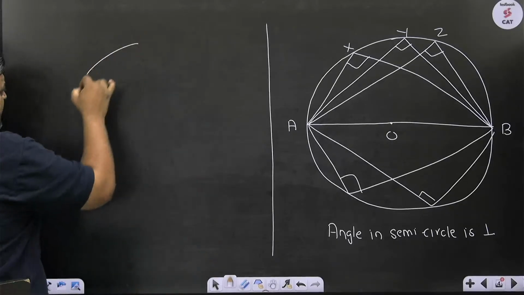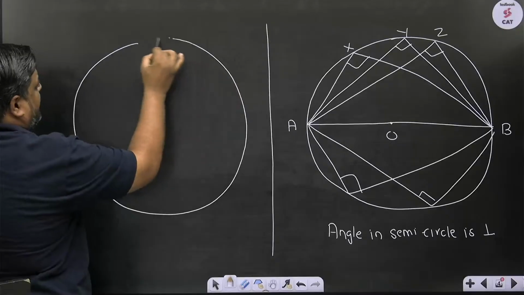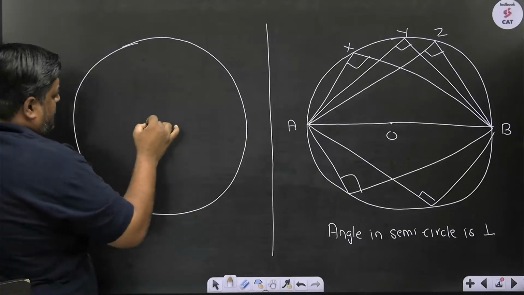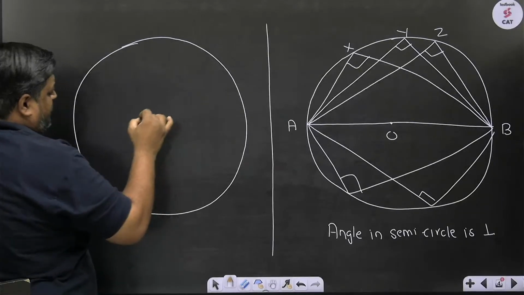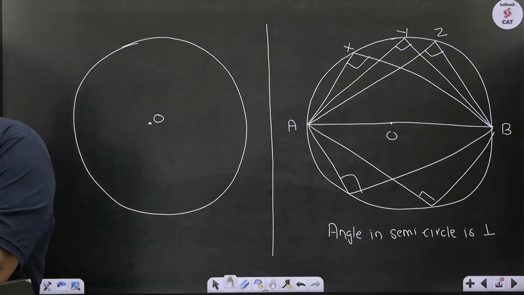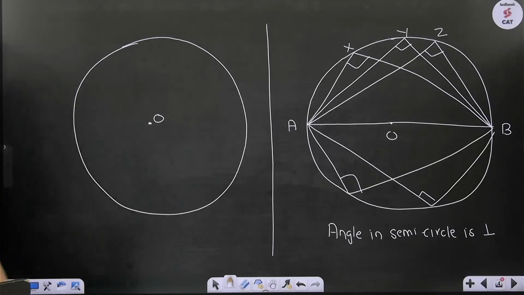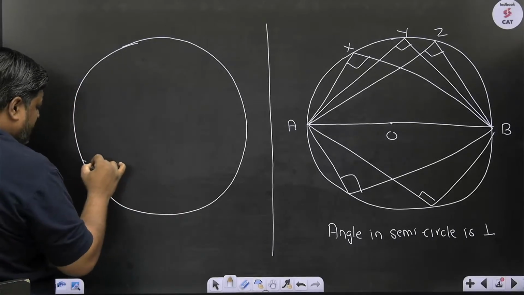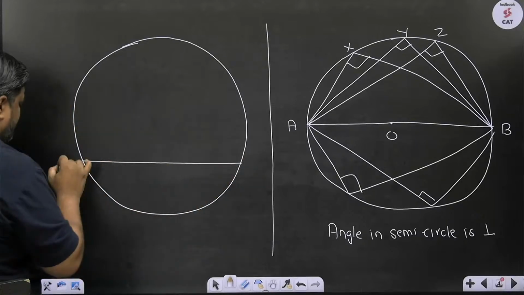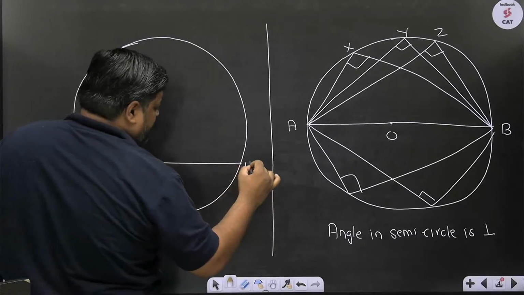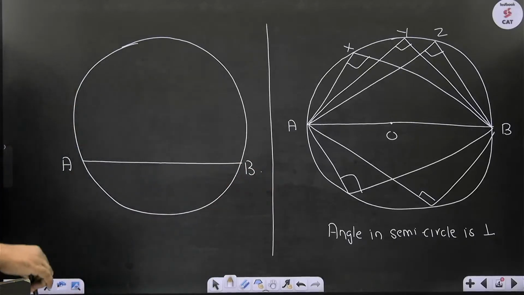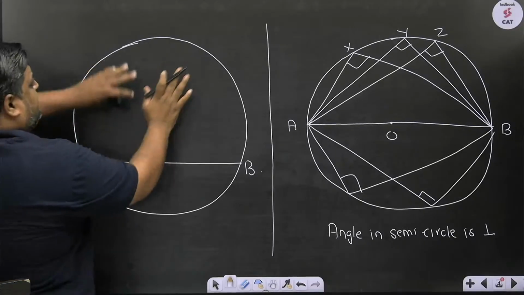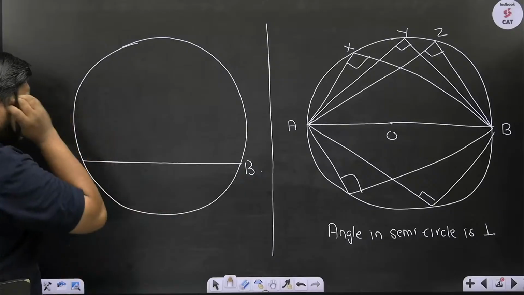एक और सर्कल ड्रॉ करेंगे. अब देखो गाइस, if I draw a chord AB over here, so ये जो ऊपर का है ना, that is called a segment. नीचे का भी है, that is called a segment.